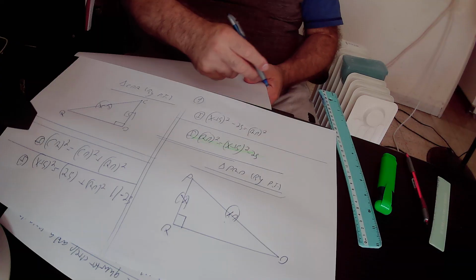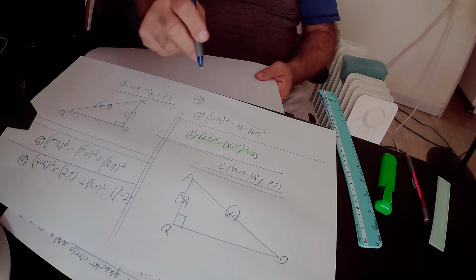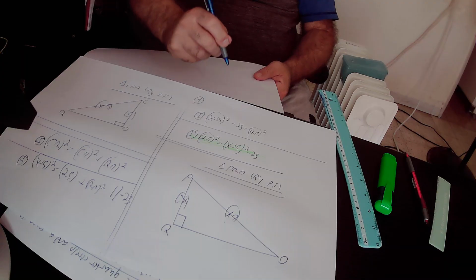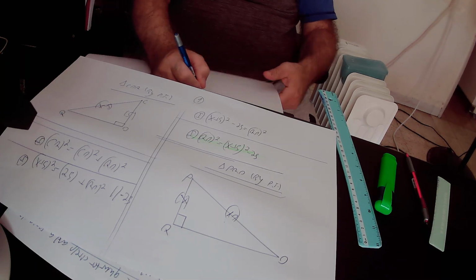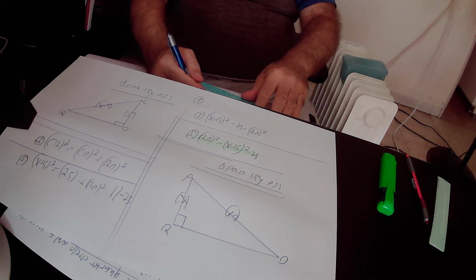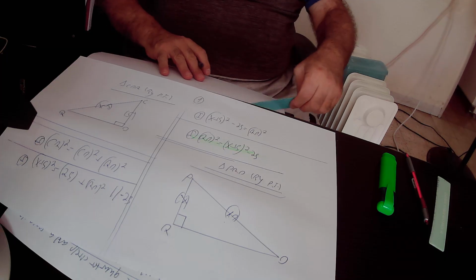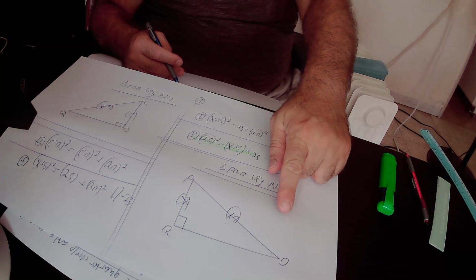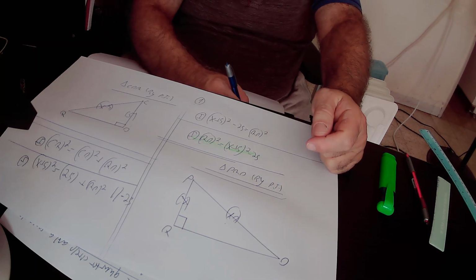PO squared, that is the square of the hypotenuse, equals PQ squared plus QO squared. PO is 10, therefore PO squared is 10 squared, that is 100.